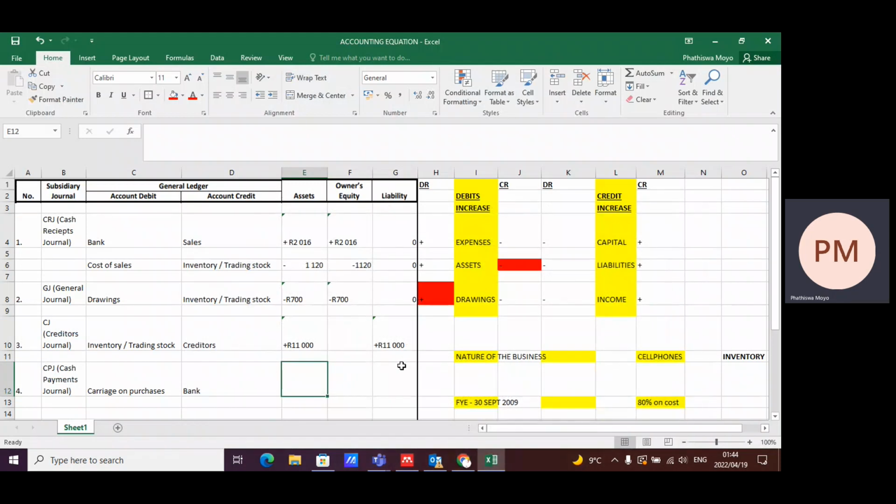Which is 180,000. So the bank is decreasing. And the expenses have been incurred.